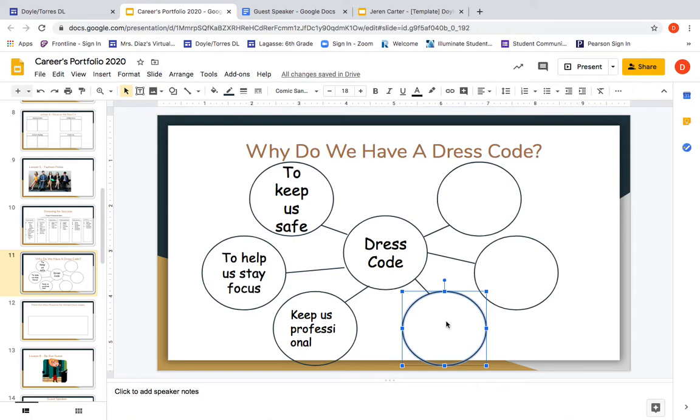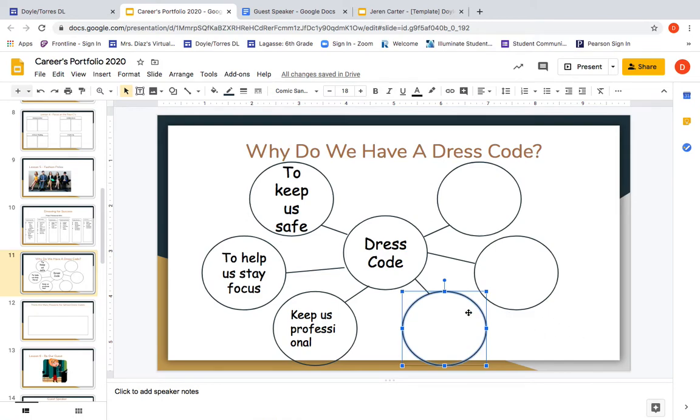Let's think of another reason why we have a dress code. If you could give me 1 second, just trying to think of another reason. It keeps us safe. It helps us stay focused.